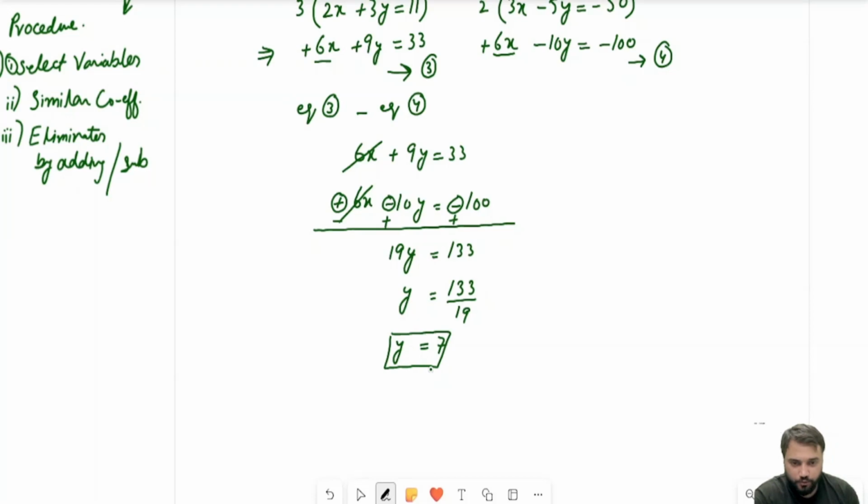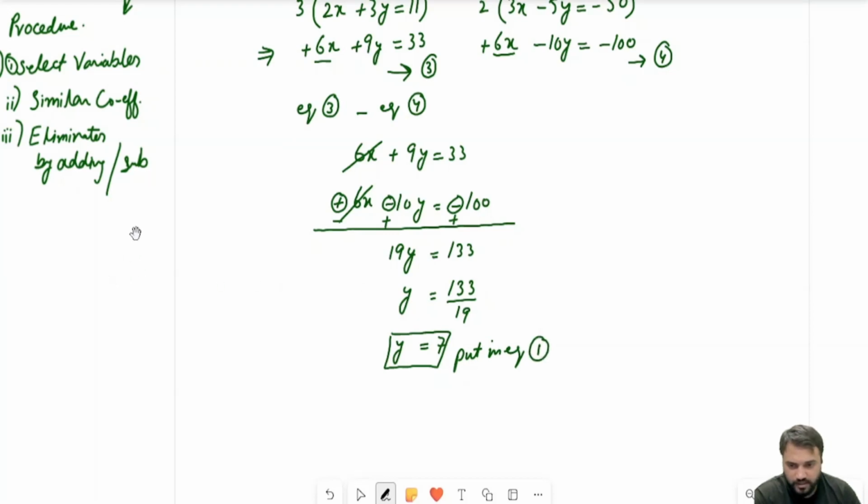We need the value of x now. You can put this value in any one of these above equations. I'm going to put it in equation 1.